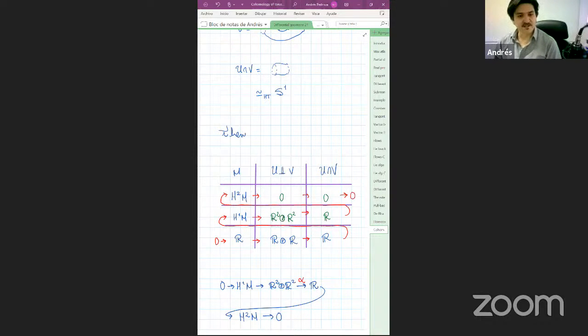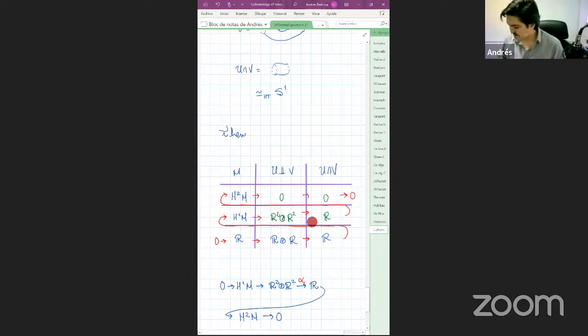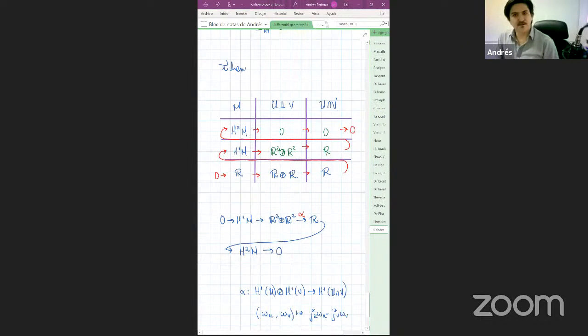Now, we would like to compute or to understand the map alpha. The map alpha that I have written there corresponds to this map. Again, this is just from the definition. That's what alpha is: I have a differential form, another differential form, restrict and subtract.